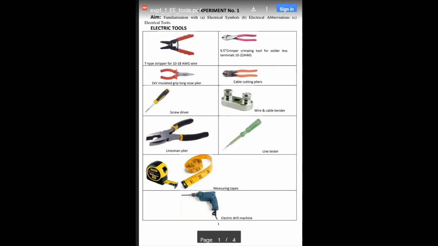Television, computer, printer. The cables are nothing but the conductors, but they have an insulating covering, you can say the PVC covering.